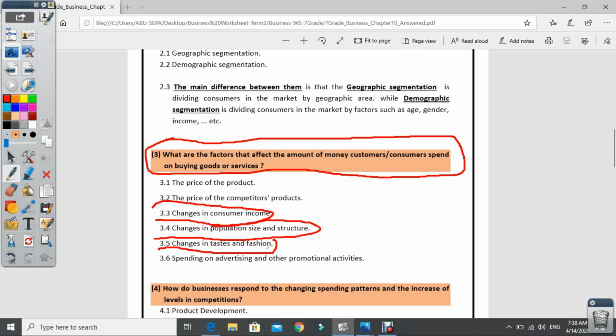This has increased the demand in these countries for healthier food and drink. Producers have responded by reducing the sugar or salt content of their products, for example, Diet Pepsi. The last one, guys, is spending on advertising and other promotional activities. Okay, guys.